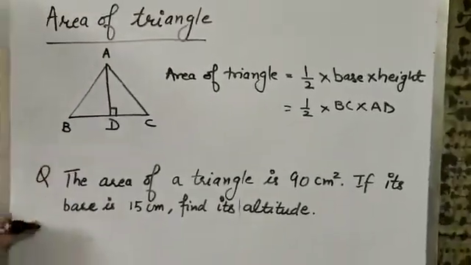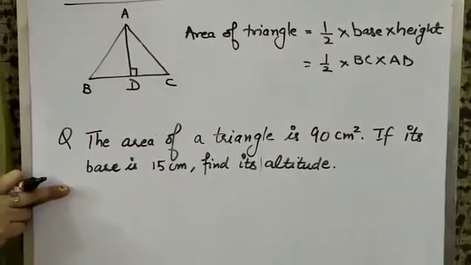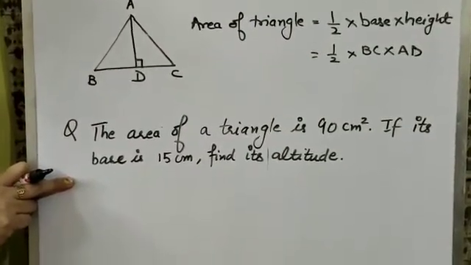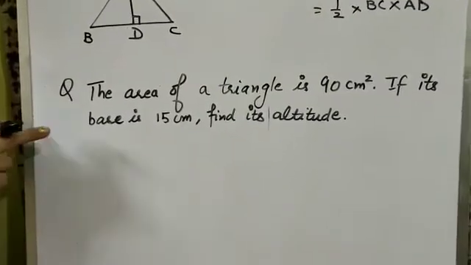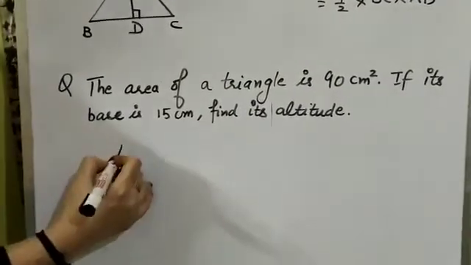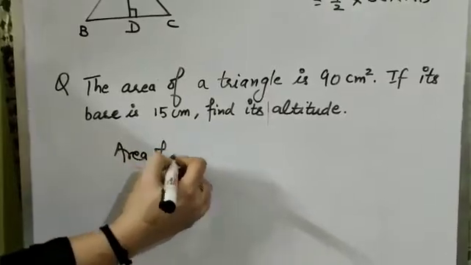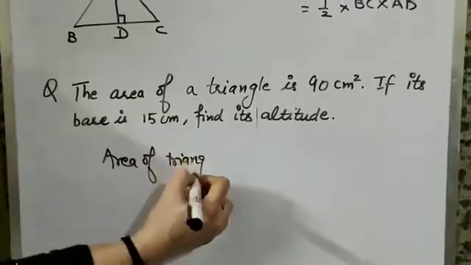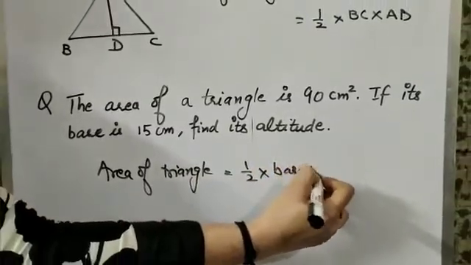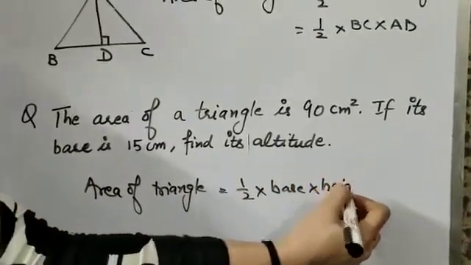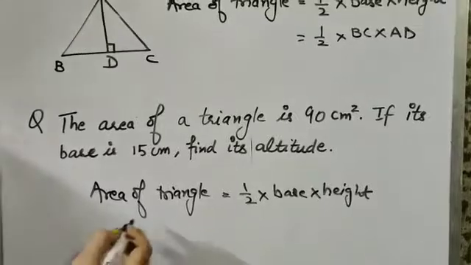Now moving further to the question: the area of the triangle is given to us as 90 centimeter square. If its base is 15 centimeter, find its altitude. Now, area of triangle is half into base into height. Altitude and height both are the same. What is given to us?